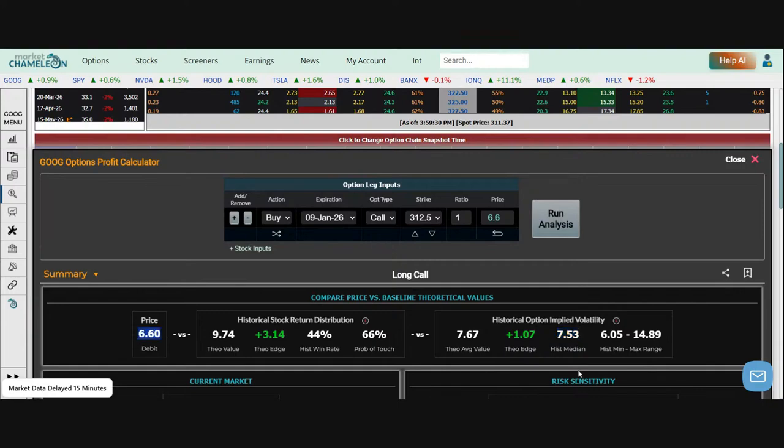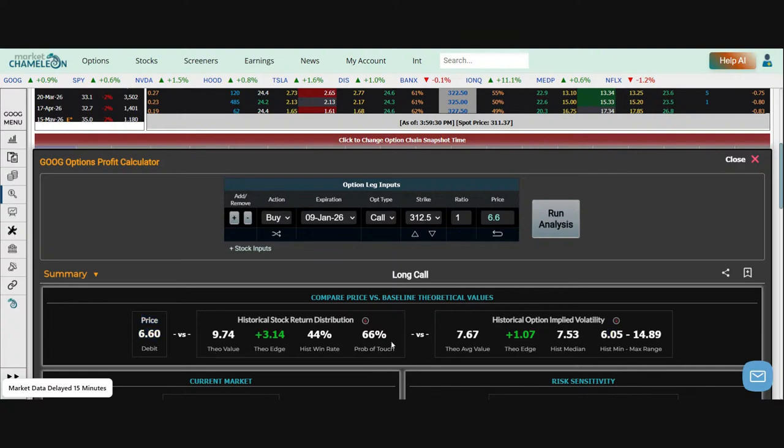What if we just wanted to take the range, the high-low range, to see where we are from the very lowest price to the very highest using those implied vols? You can see here the historical range was 605 to a high of 1489 if we plug in the lowest IV and the highest IV observation. So we're closer to that lower range.